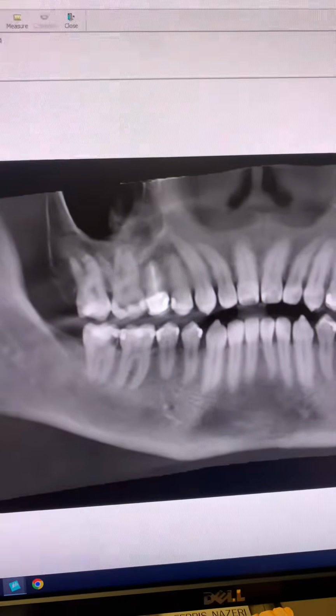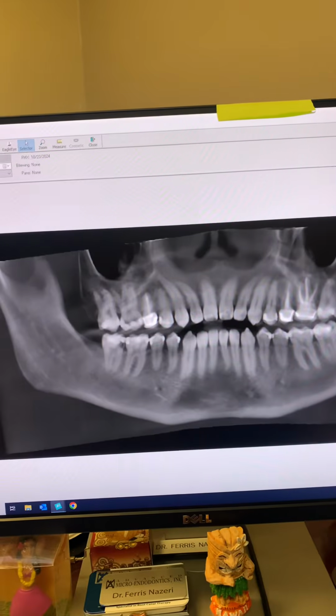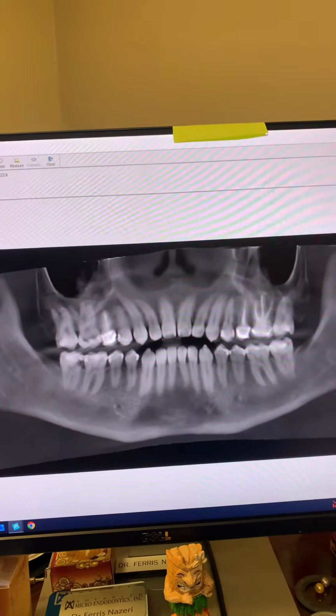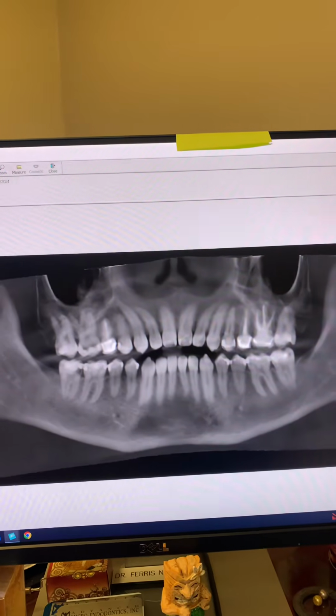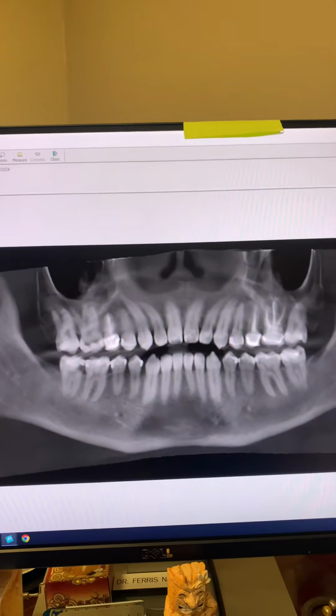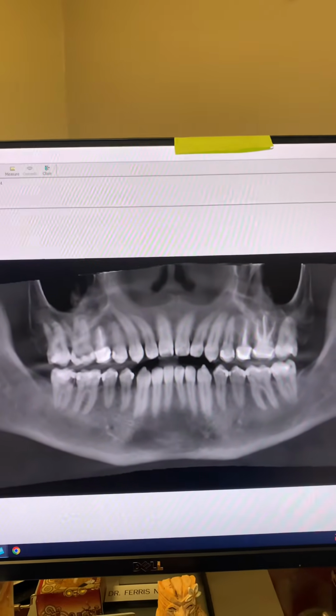But what I want to talk about here is that you cannot rely on a panoramic radiograph to diagnose decay and endo-related matters.